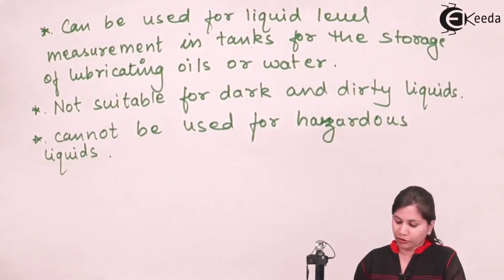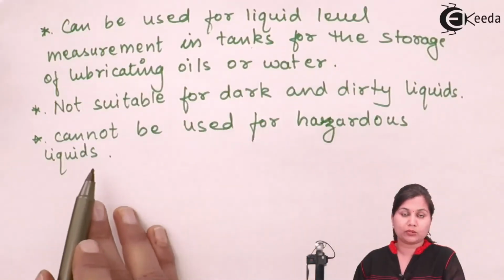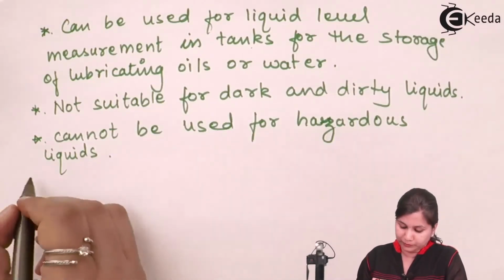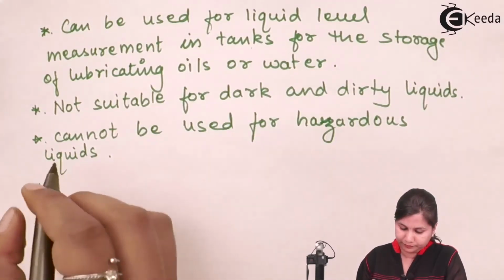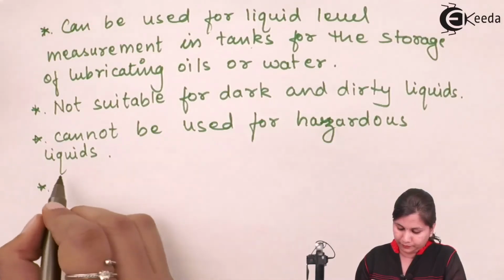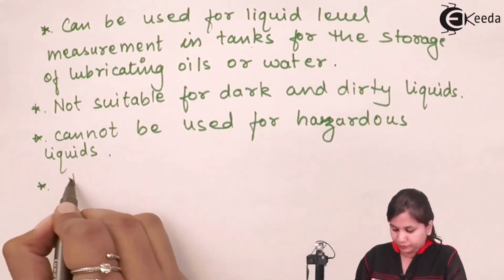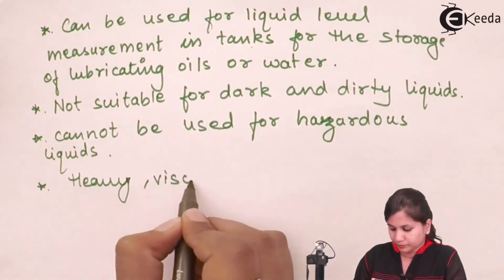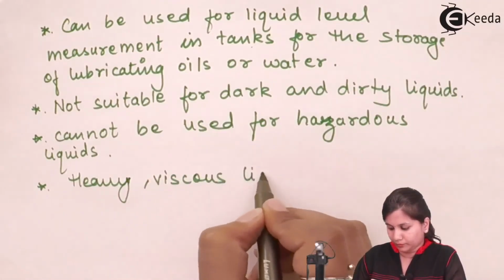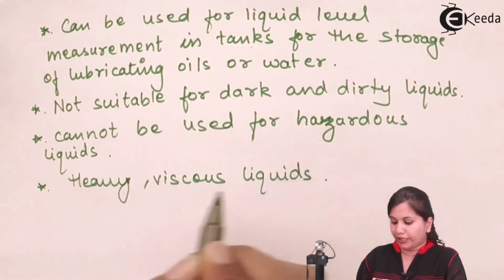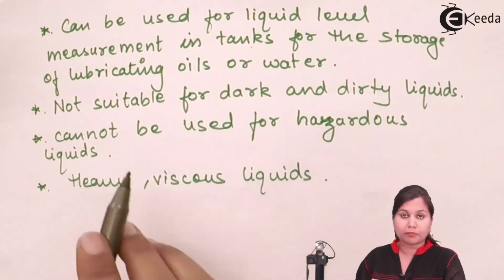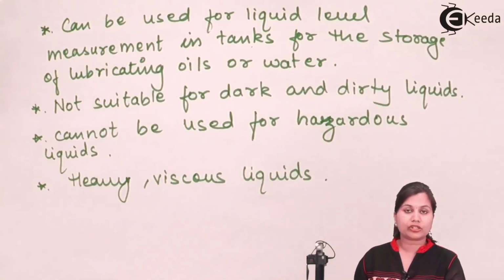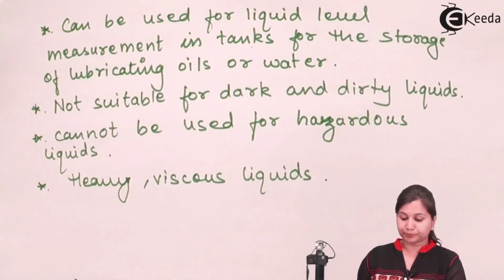Also, this method cannot be used for hazardous liquids which can break or damage the glass tube. Also, for heavy and viscous liquids it cannot be used, because again these liquids will contain materials which can block the glass tube.